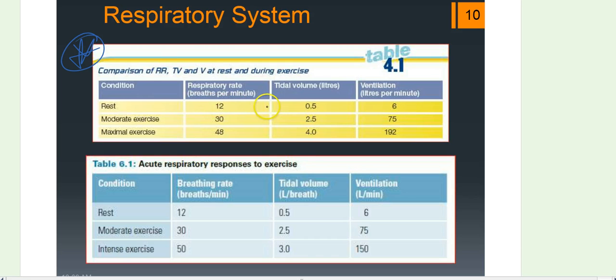So our respiratory rate being 12 times 0.5 equals 6. So ventilation, 6 litres per minute. And how did we calculate that? We take 12 breaths per minute, and in each breath we take in half a litre. So that's at rest.